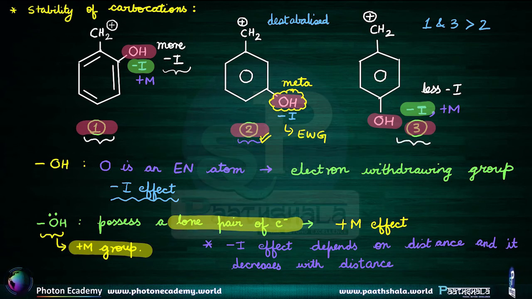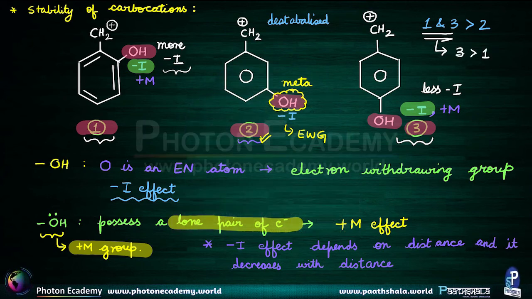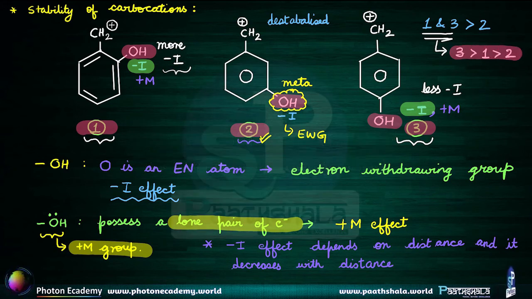So which one from the first and the third gets a superiority in the stability series? It's the third one which wins the race, followed by first one and the second one. So if I want to compare the electron delocalization as well as the stability of the carbocation, 3 wins the race, and 3 is the most stable out of all of them because it has less minus I effect, so less electron withdrawing.